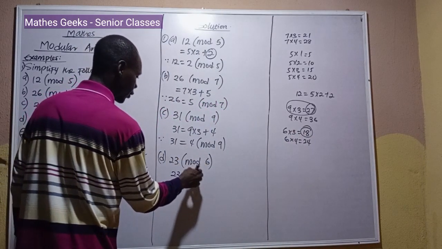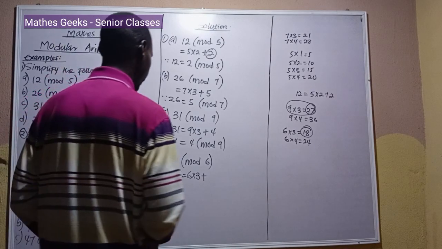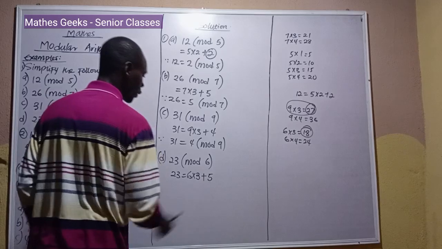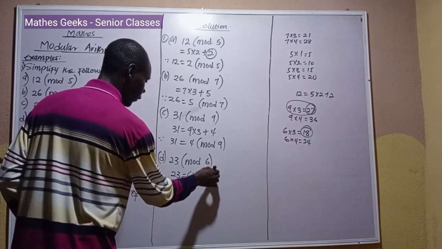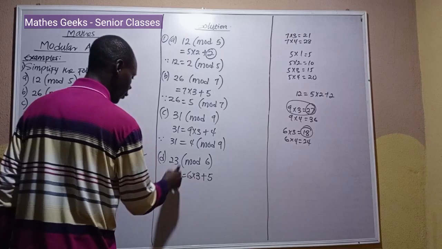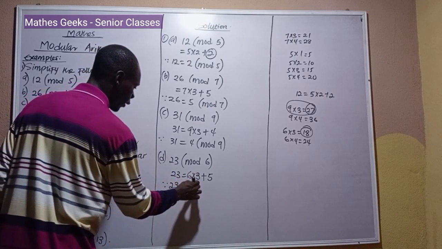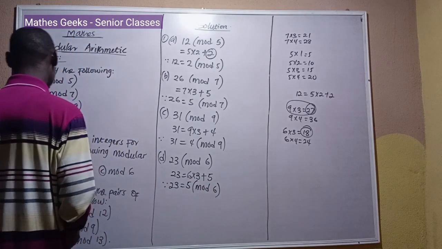So we go by 6 times 3 plus what would be added to 18 to get 23? That should be 5. So 18 plus 5 gives us 23. This plus 5 is the remainder, and in mod we are concerned about the remainder. So 23 is equal to 5 in mod 6.